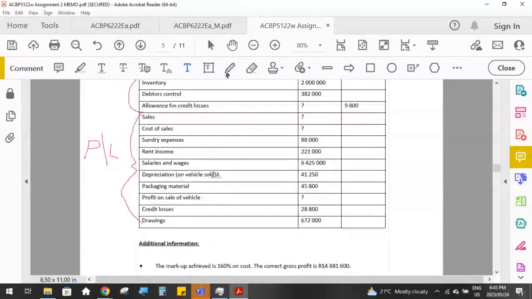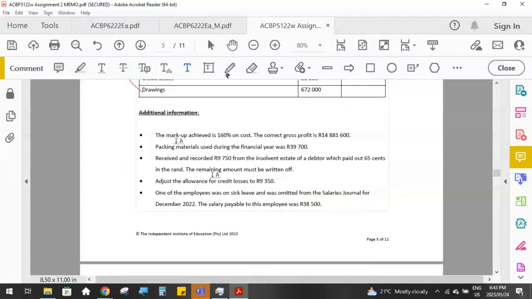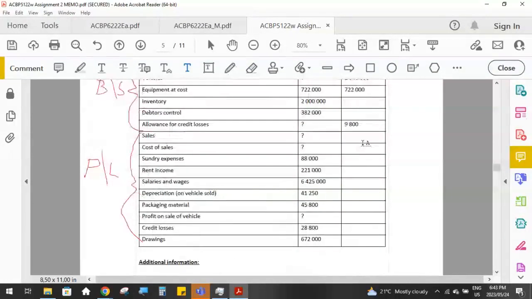All right. Then we've got additional information. The markup achieved is 160% on cost. The gross profit is 14,881,600. So if you have a look at this part of the TB, sales and cost of sales, they didn't give us either one of those two figures.